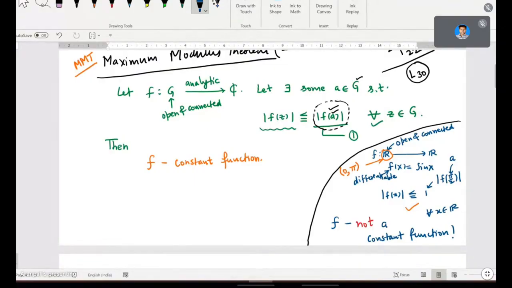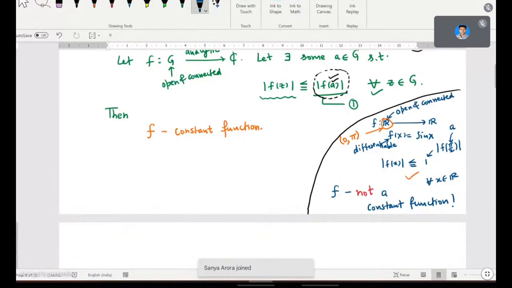Of course, with the help of one or two examples I can try to convince you, but that will not be sufficient. So there's something very strange, contrary to the study of real valued functions, that we have here in the frame of complex valued functions. So that is all about this maximum modulus theorem.